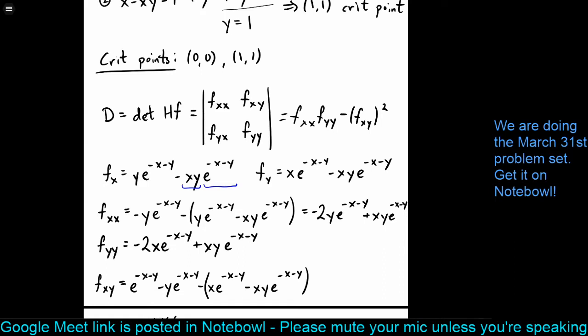I have a document written up somewhere with how to do this in general, which if I can find this, I will post it so you can see what the general second derivative test looks like. But we're just going to focus on 2 variables. And it's kind of nice, exactly as you pointed out, fxx or fyy both work.